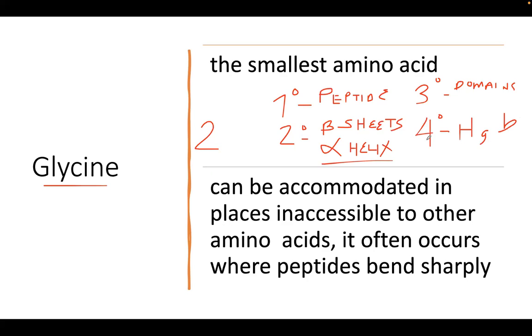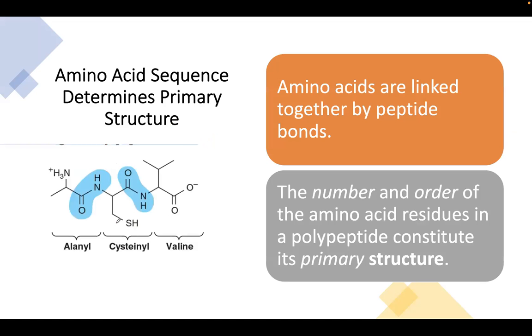I would like to remind everyone, hemoglobin is quaternary, myoglobin is tertiary, but both are very important complex proteins. Now, the amino acid sequence will determine the primary structure. Always remember, amino acids are linked by peptide bonds.